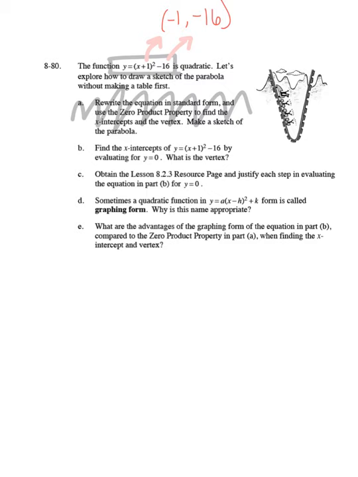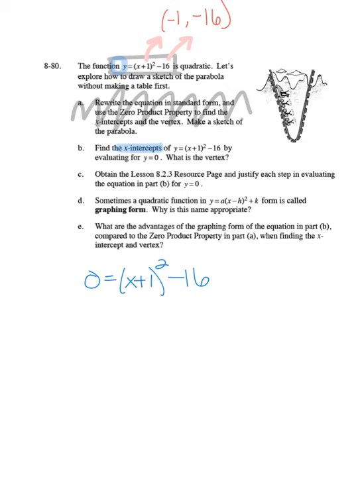If I wanted to find the y-intercept, I could plug in 0 for x and calculate what I'd get. But the x-intercepts are what happens when the y is 0, or when the equation is equal to 0. So we're going to do 0 equals (x plus 1) squared minus 16.